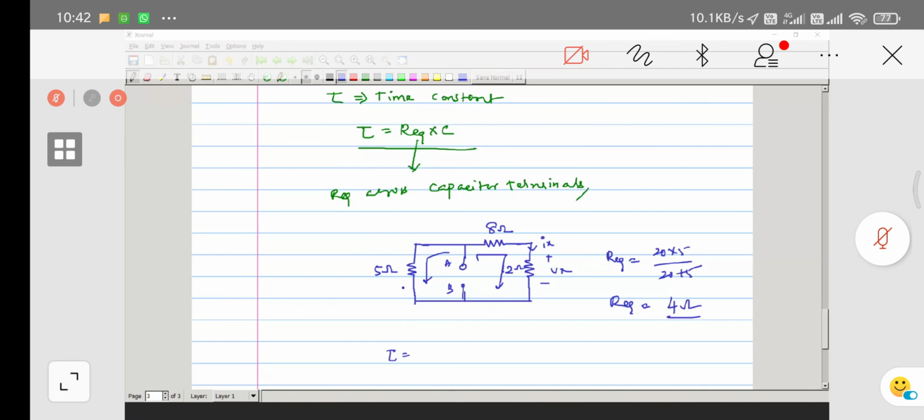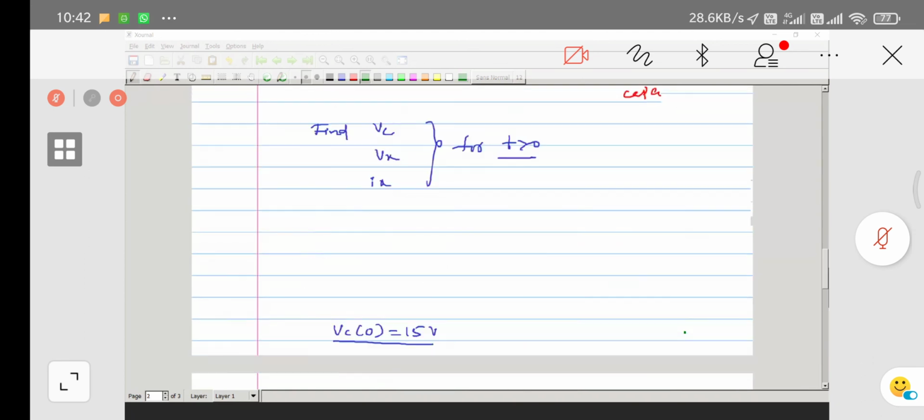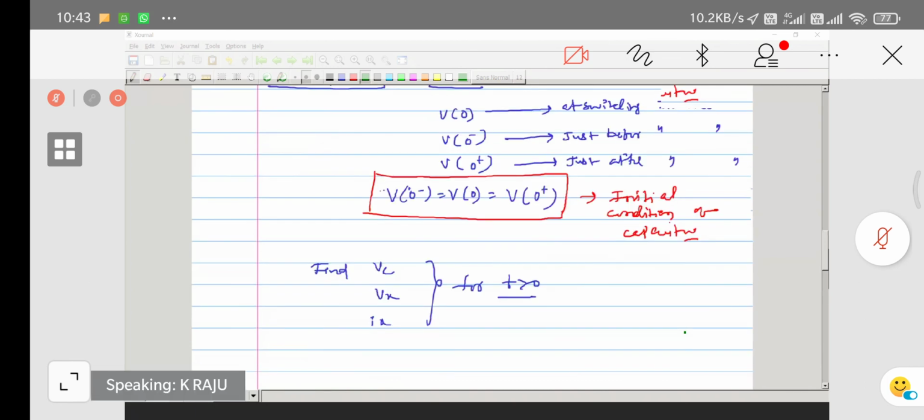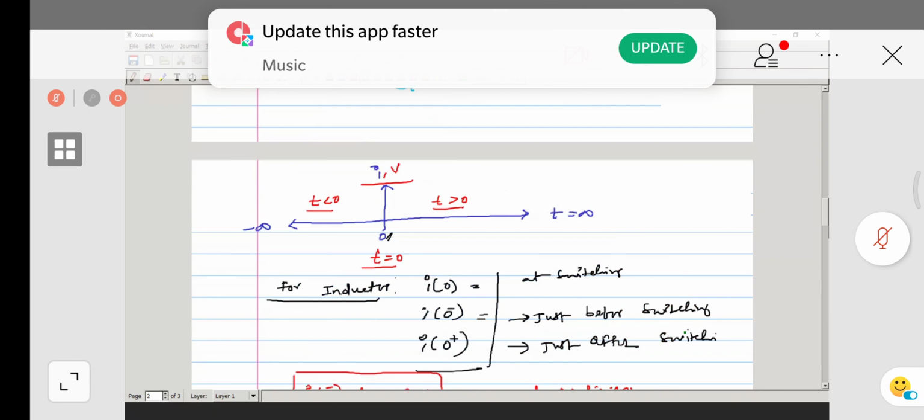Once you find out the time constant, now I want to find out Vx, Vc and Ix for t greater than 0.